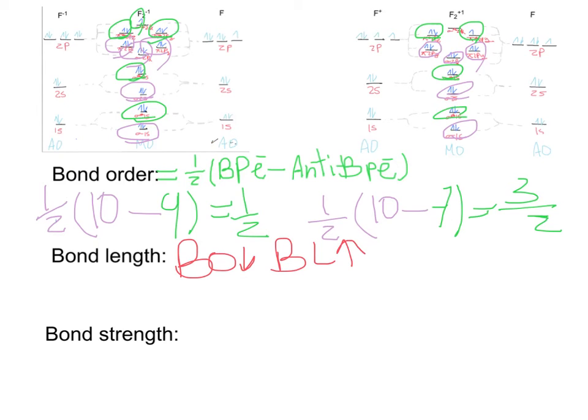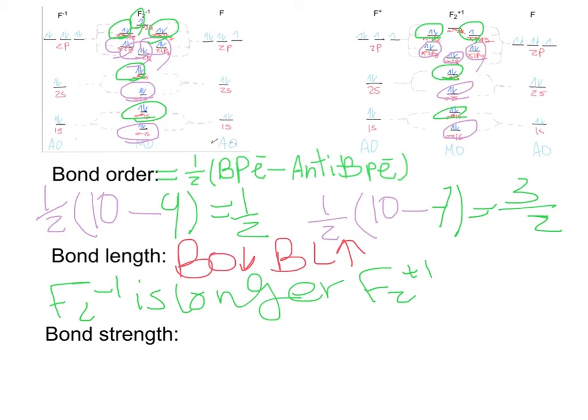So that means the bond length of the F2-1 is longer than the F2+1. That also gives me a clue about the strength of this bond. Since the bond order is down, the bond strength should be down.